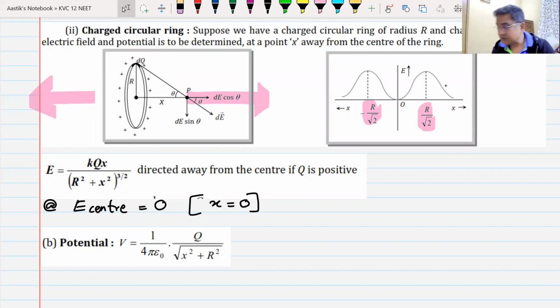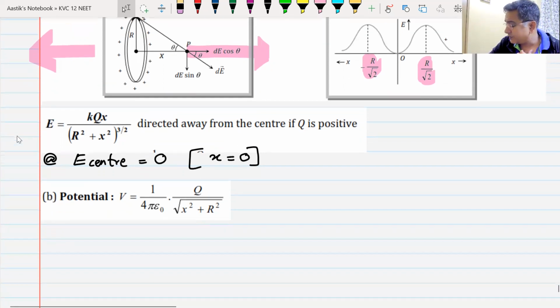So these are the formulas for electric field and electric potential due to a ring. What are the points that you have to remember about this? You can also write them in one column, special points or whatever.